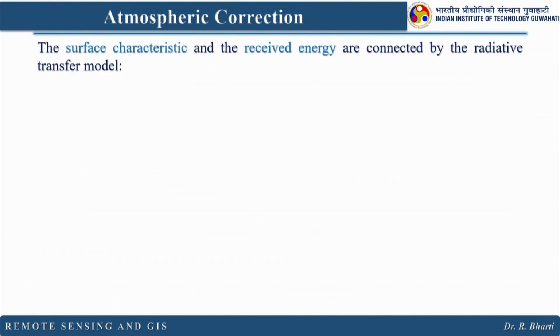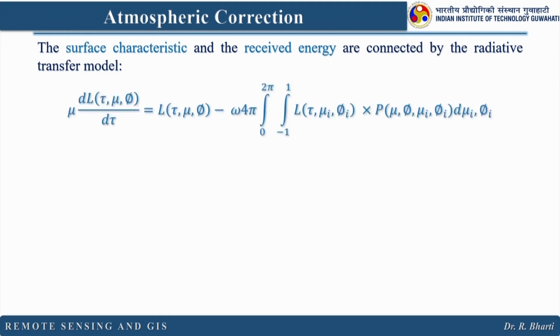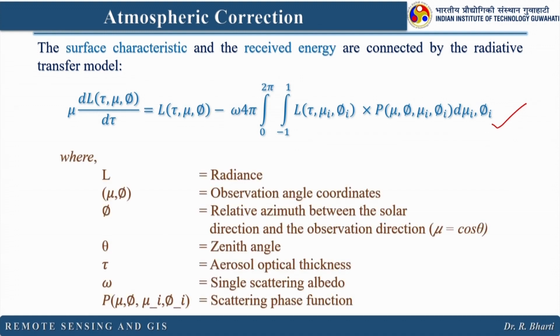So, here the surface characteristics and the received energy are connected by the radiative transfer model, where this equation explains the relationship between surface characteristics and the received signal by our sensor, where L is your radiance.